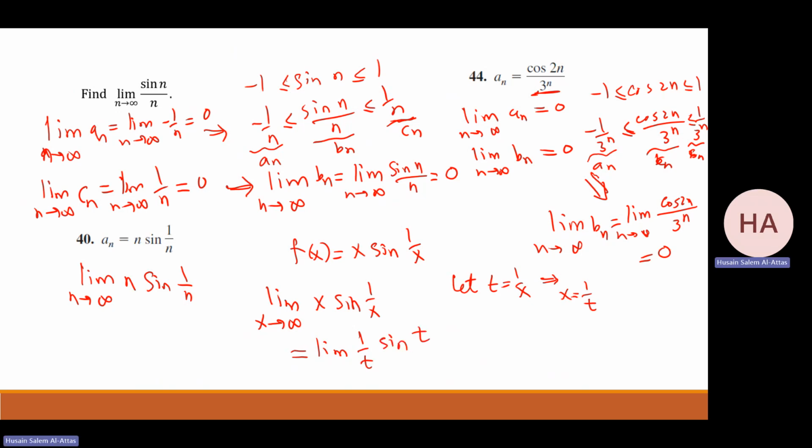Now, if x goes to infinity, then t goes to what? Goes to 0. If x goes to infinity, I have 1 over infinity, then t goes to 0. And this I know. What is the limit as t goes to 0 of sine t over t? This is 1. So my answer here is 1.